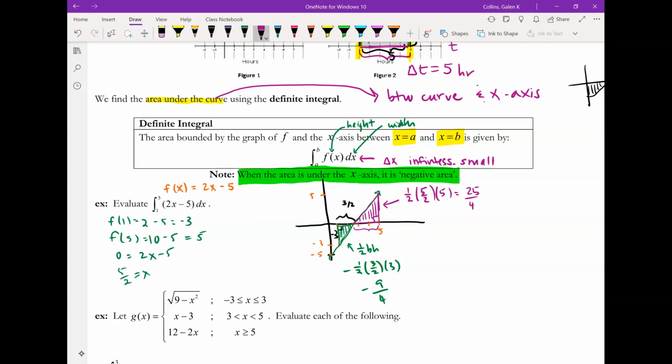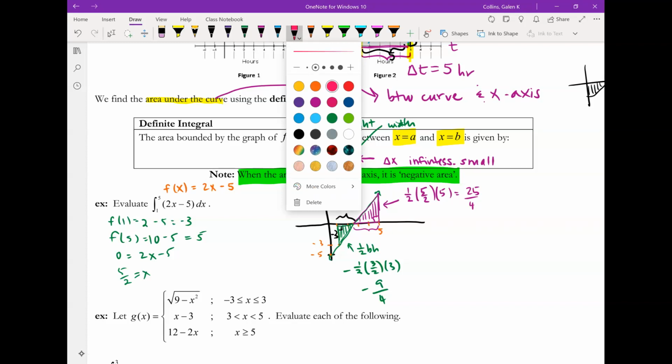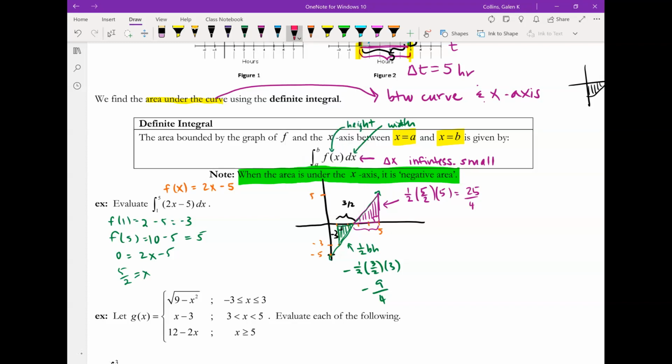Something we will go into more detail on in section 5.2, properties of integrals, but I'll just tell you now, is that we could split this integral into two integrals that are added together. So instead of from 1 to 5, we could think of this as the integral from 1 to 5/2 of 2x minus 5, plus the integral from 5/2 to 5 of 2x minus 5.